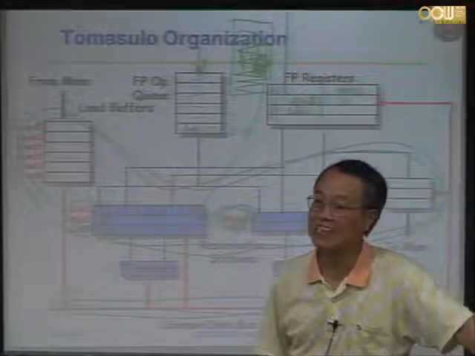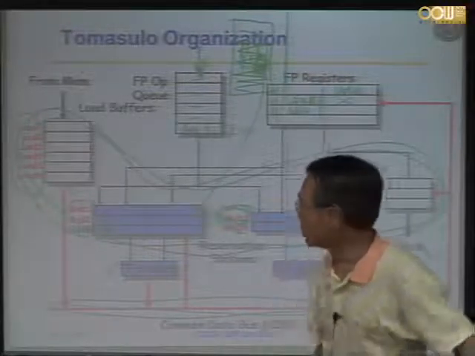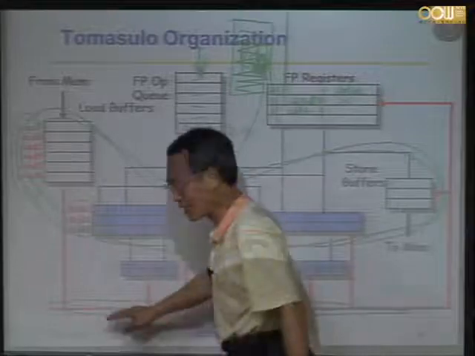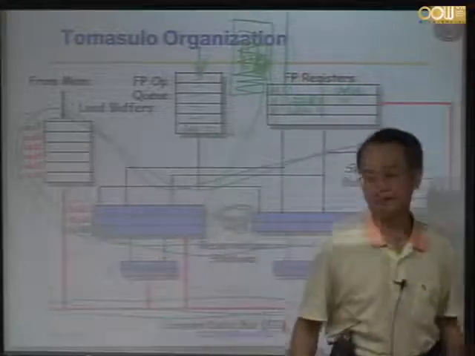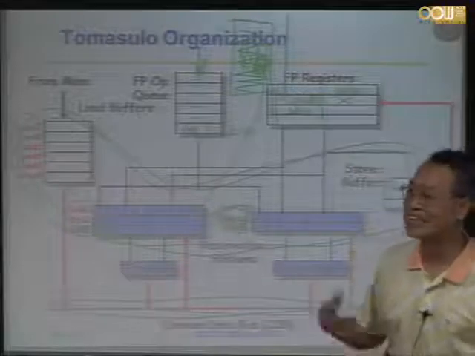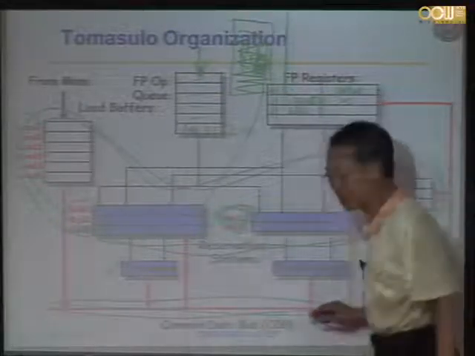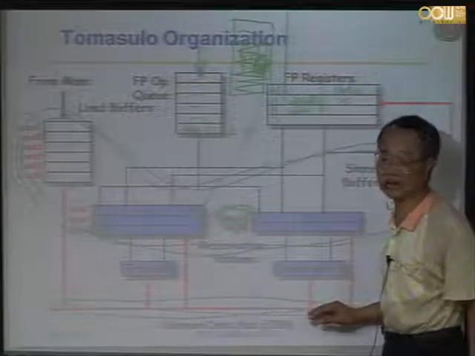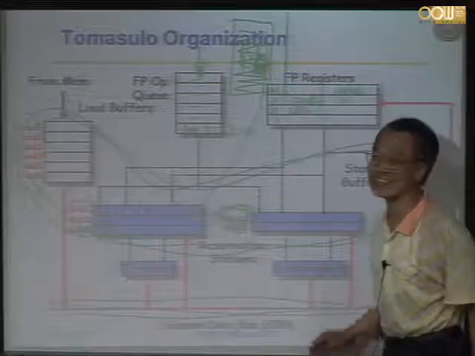For different situations, the design will be different. So in 1966, one common data bus is far more than enough. But for integer type instructions, one single common data bus will become a very severe bottleneck. Okay?